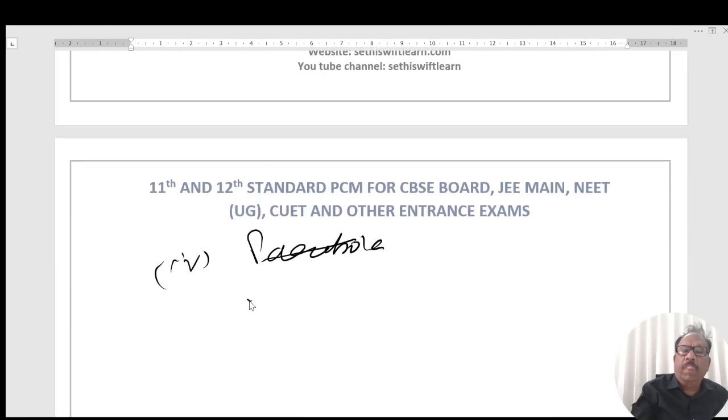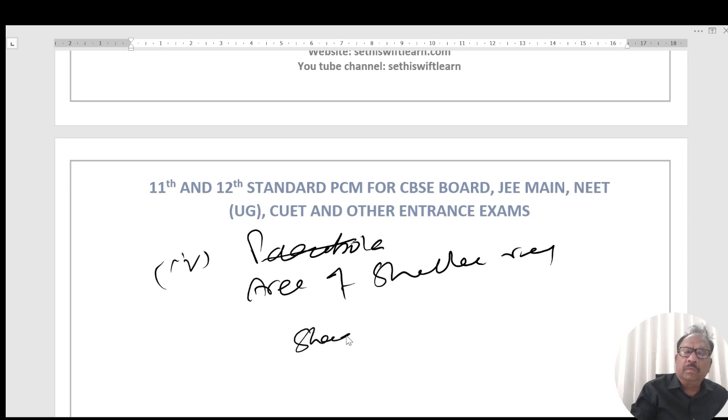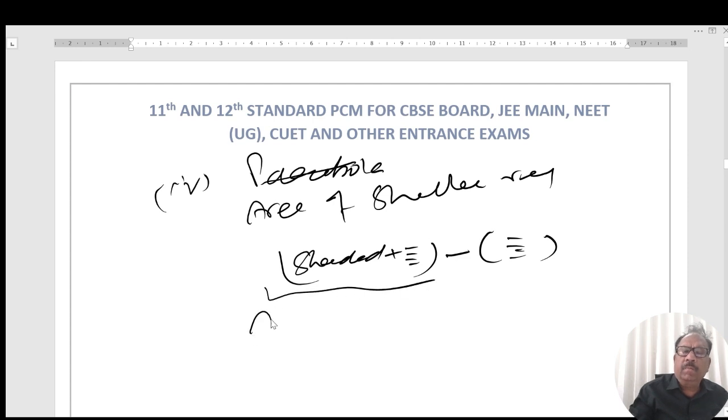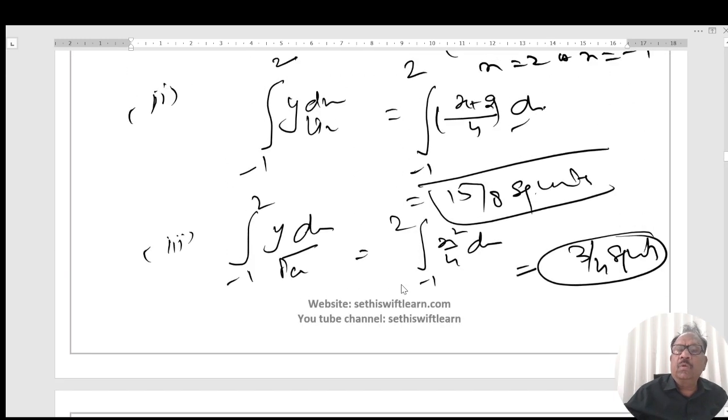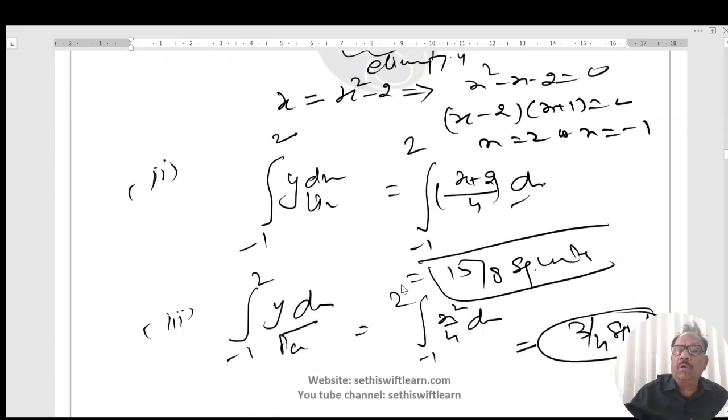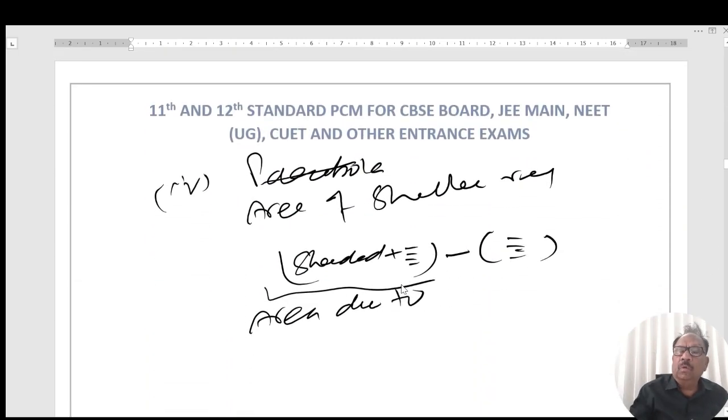Area of shaded region will be the area due to line minus the area due to parabola.